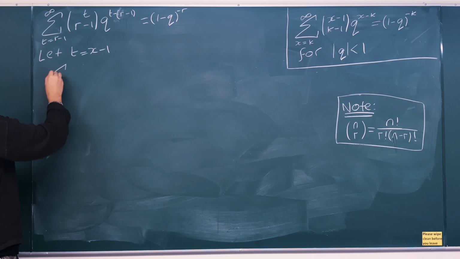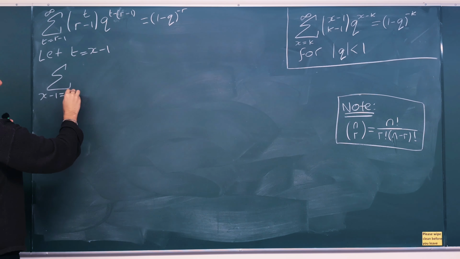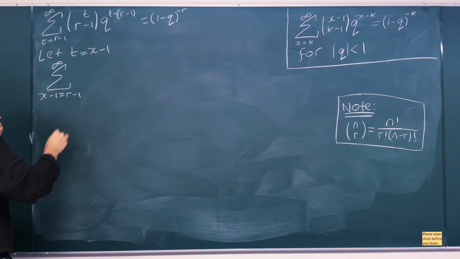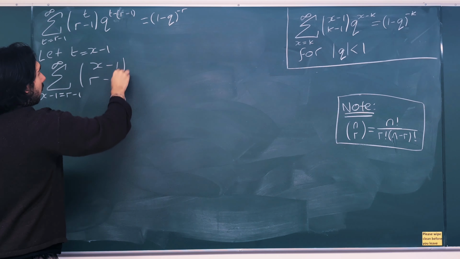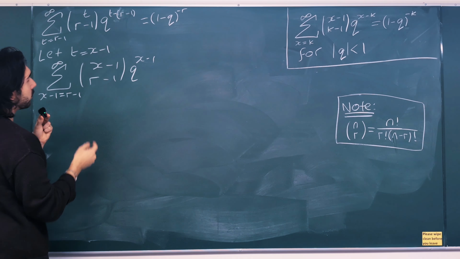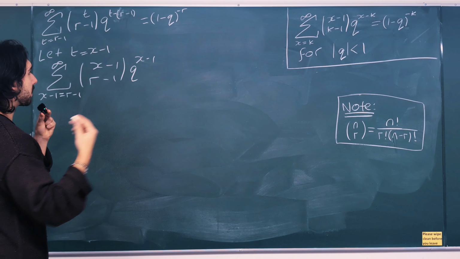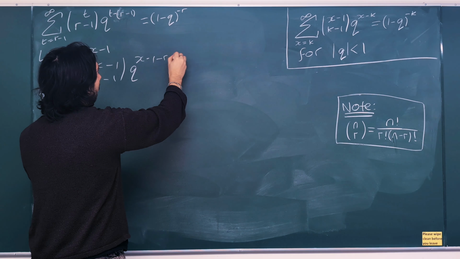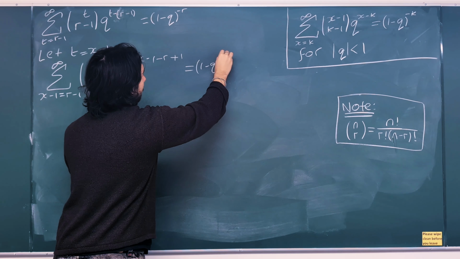Let's actually follow that through. So now we have the sum from x minus 1 equals r minus 1 to infinity of x minus 1 choose r minus 1 times q to the power of x minus 1, and then I've got in brackets r minus 1, subtract r minus 1, I'm going to expand that out. So I've got minus r and then a plus 1 equals 1 minus q to the minus r.